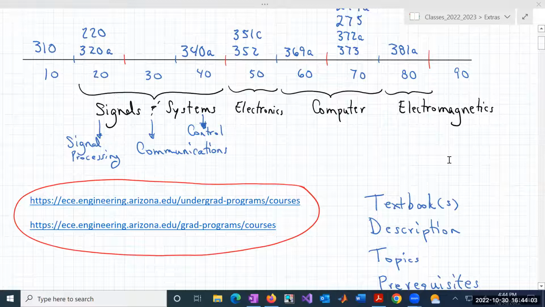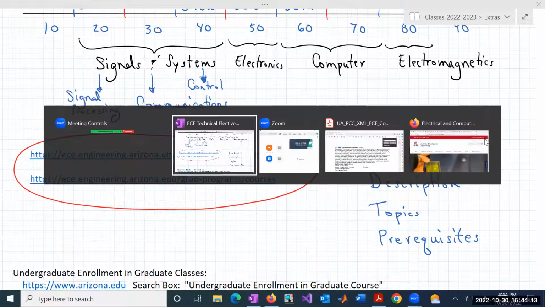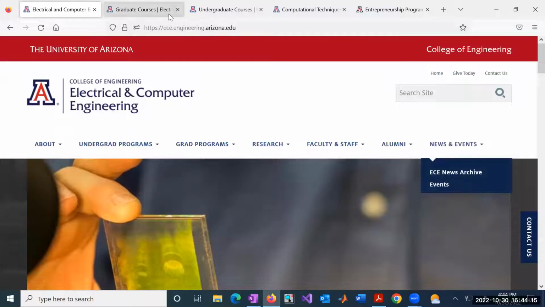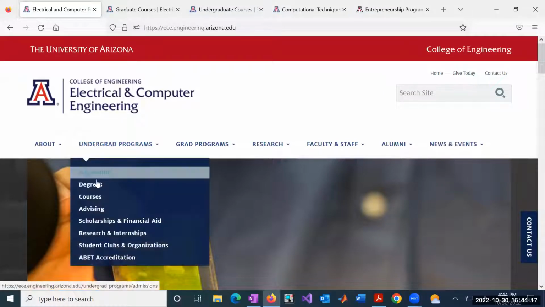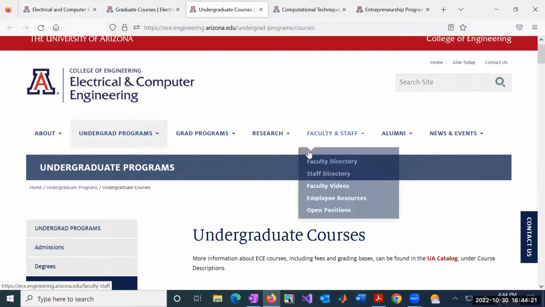If you want to get a little bit more information about the different classes, you can go to our website, the ECE website, and click down on courses, and you should be brought to this particular site.